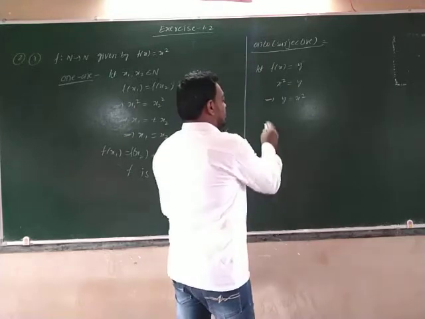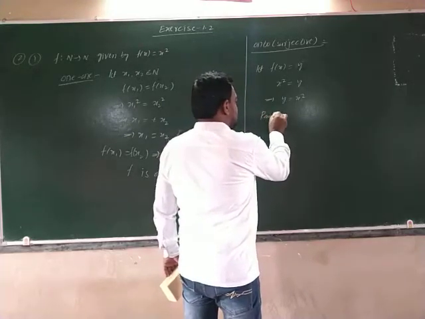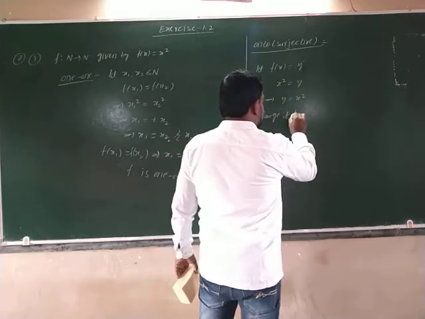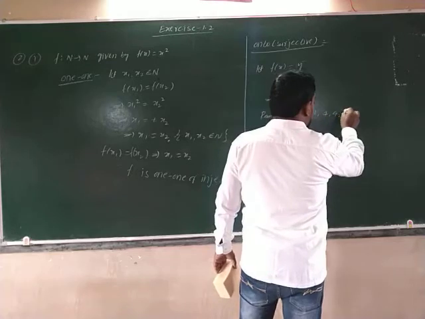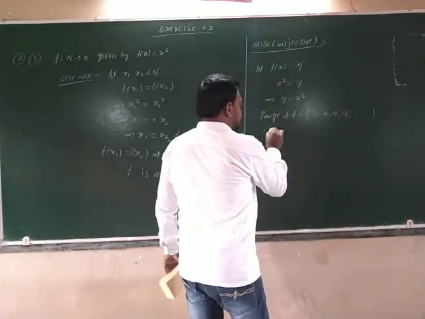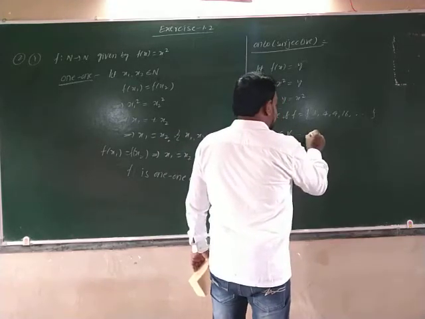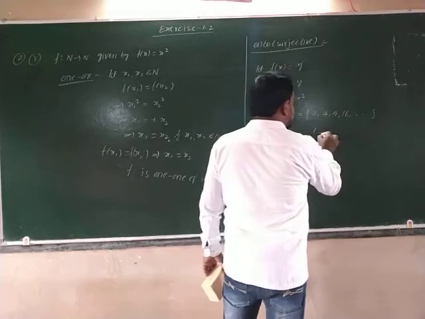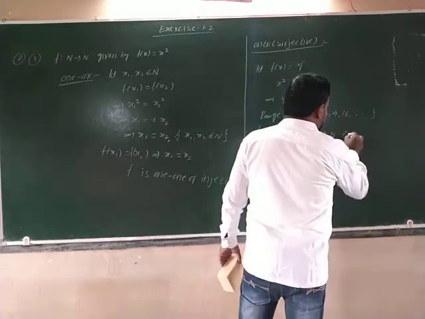So what we are writing here, range is equal to range of f. Once you write range of f, what? 1, 4, 9, 16 and so on only. This 1, 4, 9, 16 and so on is not equal to N. N means here codomain.